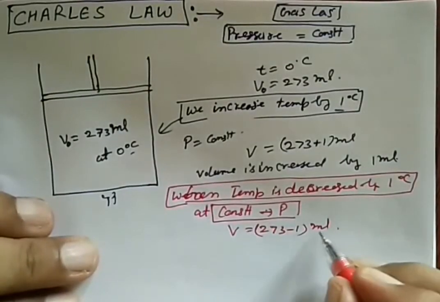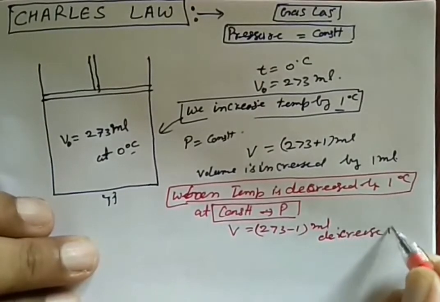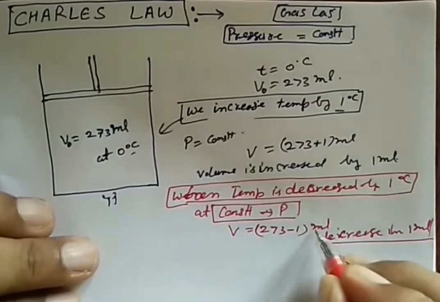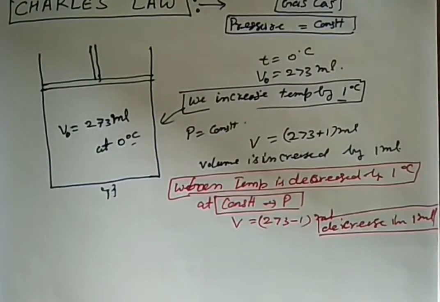It means a decrease of 1 ml. Both observations were obtained here in the experiment, right?